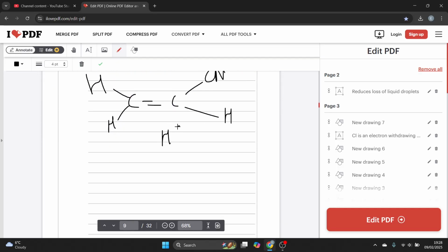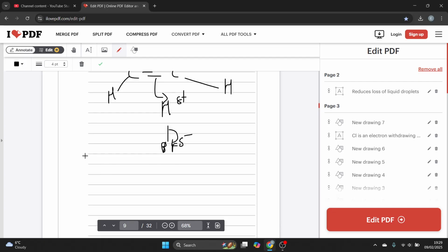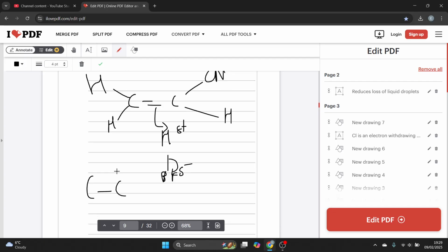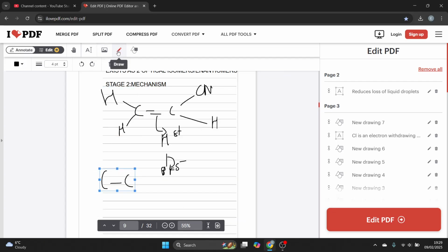Hydrogen bromide: hydrogen is partially positive, Br is partially negative, and it goes there, and then there. Then what happens is I've got my stuff added, so I've got my hydrogen here and my CN here, or my hydrogen here and my CN here.